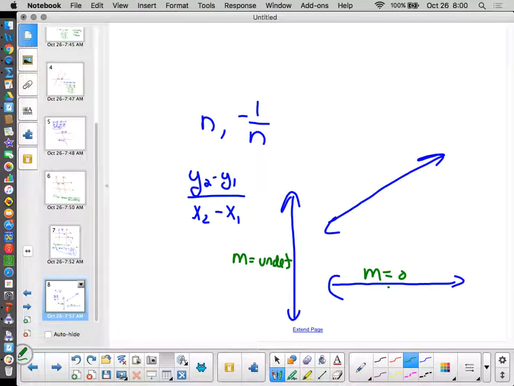Because the reciprocal of 0 is undefined. The shortest distance from any point to a line is a perpendicular line, or right angle line. So there's a little short answer there. Knowing your stuff.